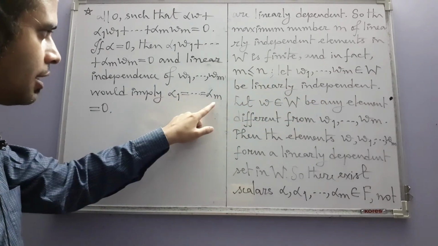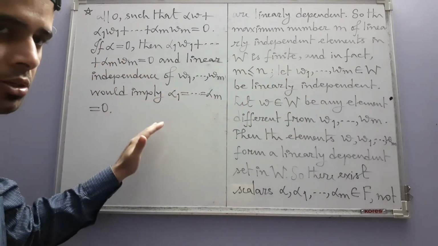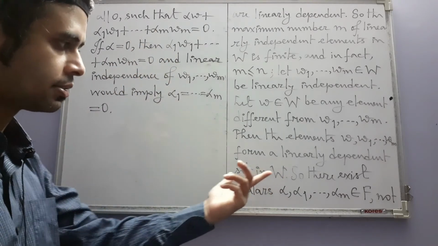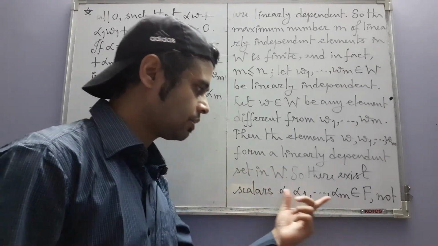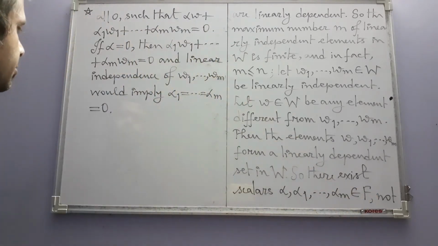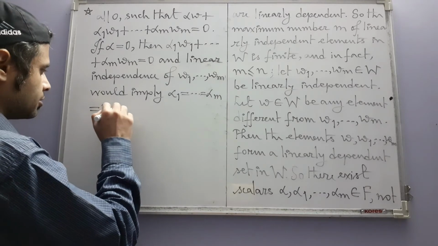So all the alpha i's must also be 0, just like alpha, but then all the scalars are 0, which is a contradiction, because they cannot all be 0.